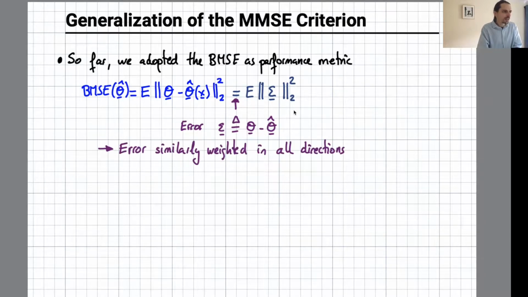Today I would like us to start by reflecting on the symmetry that this performance metric exhibits, specifically its spherical symmetry. To that end, let us suppose that theta is fixed, and let us look at the set of all estimates for which this square norm is the same.